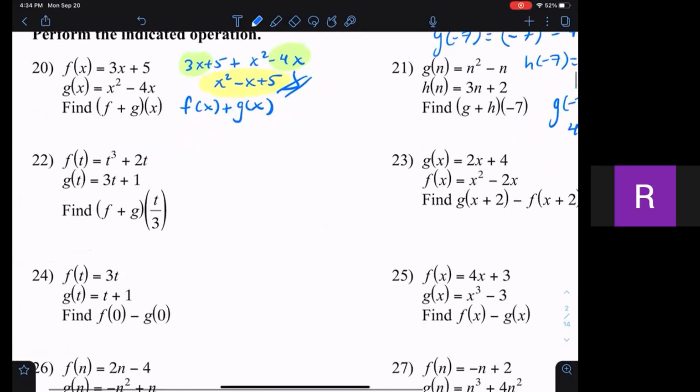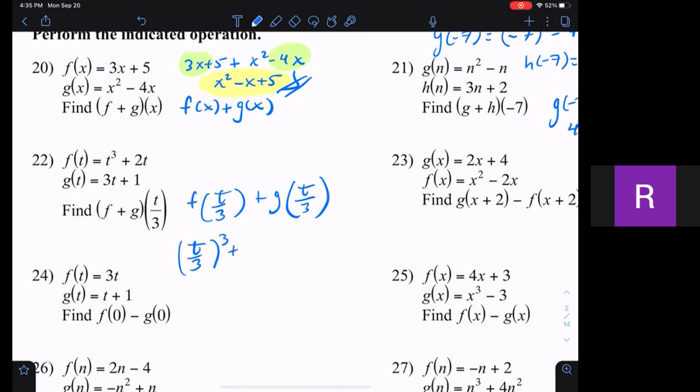So here we have f plus g of t over 3, right? So you can say f of t over 3 plus g of t over 3. So you need to figure out what this is, right? So you need to plug this in each function, right? So this is going to be t over 3 cubed plus 2 t over 3, plus g of t over 3, right?